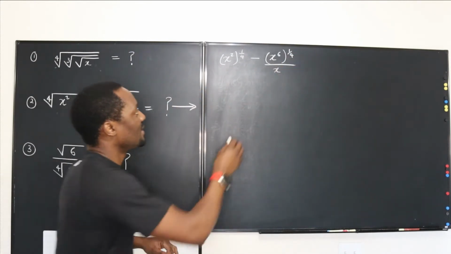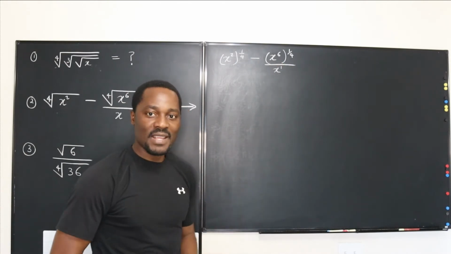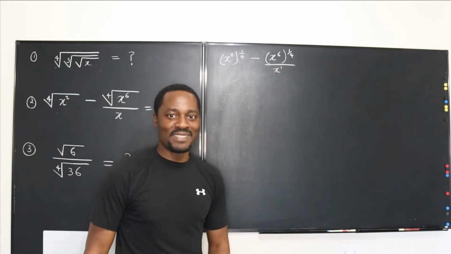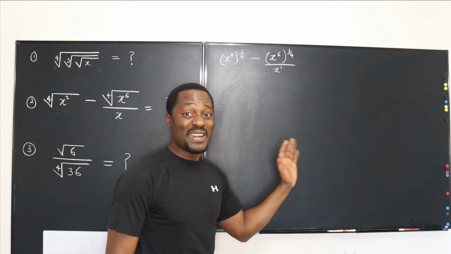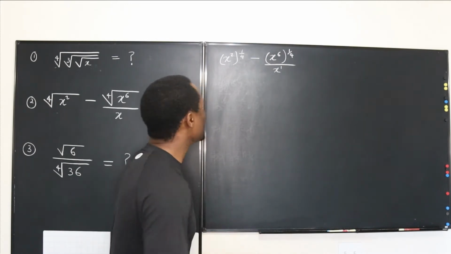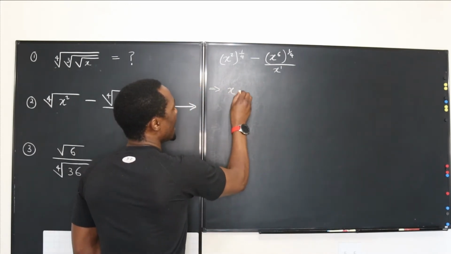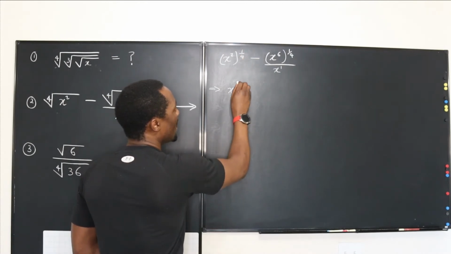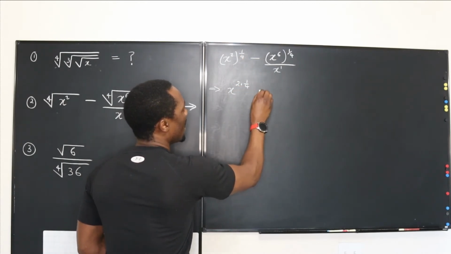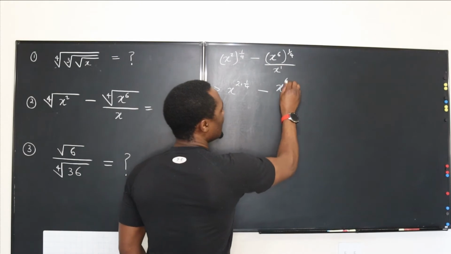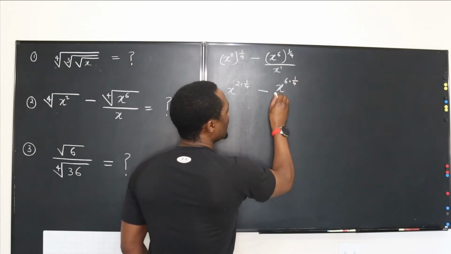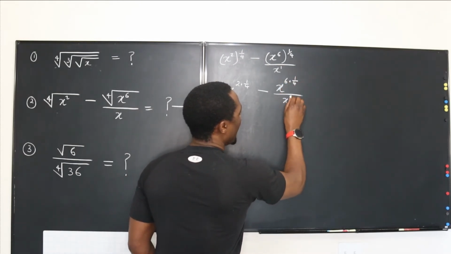This is x to the power 1. Now let's just play with the exponents. There are many other ways, but this is a very easy way and you'll rarely be confused. My next line is going to be x to the, if you multiply 2 by 1/4, that will be 2 times 1/4, minus x to the 6th times 1/4 divided by, let's just write it this way, x to the 1st.